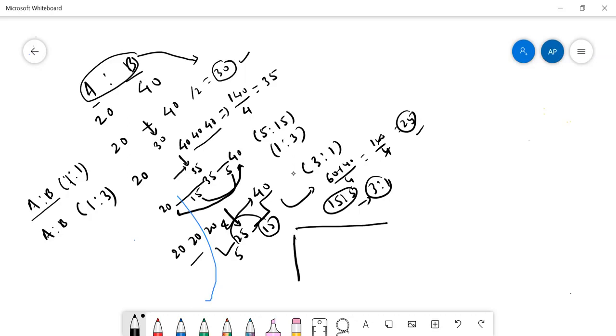Now you can visualize the same fact through another example, like A and B. A has 3 students and B has 2 students.